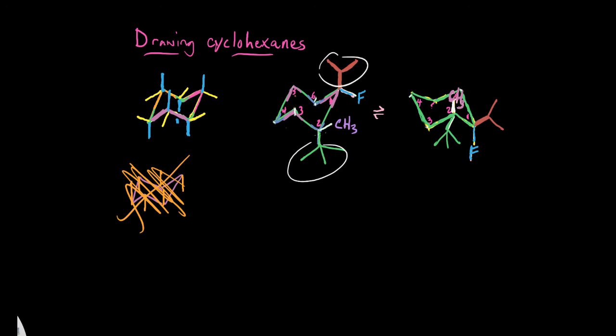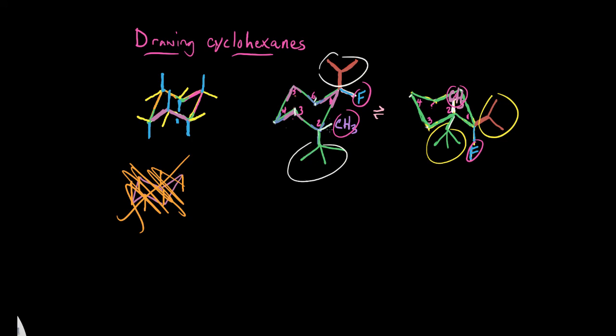So here you have a tert-butyl and an isopropyl in the axial position, and a methyl and a fluorine in the equatorial. Whereas in this one, you have the tert-butyl and isopropyl in the equatorial, and the methyl and fluoro in the axial positions. So since there's much more strain associated with axial substituents, the larger the axial substituents, the more steric strain.